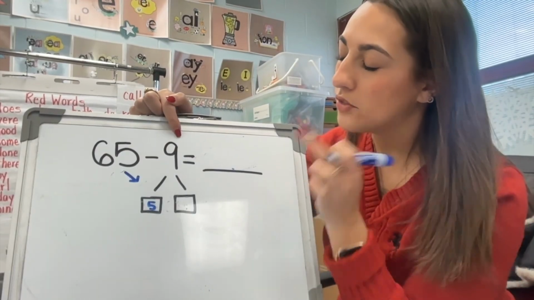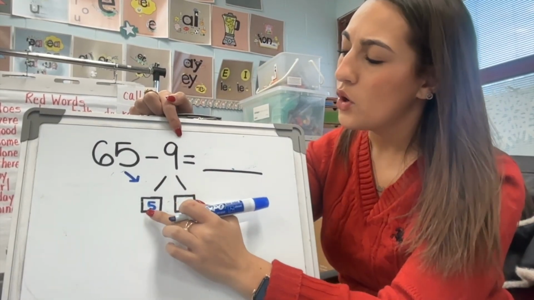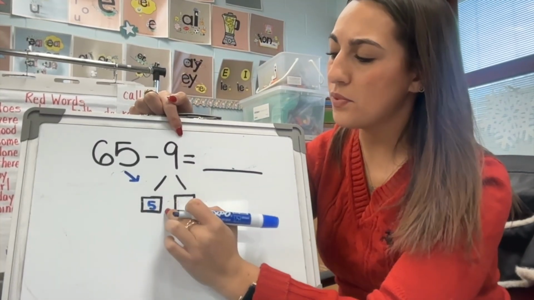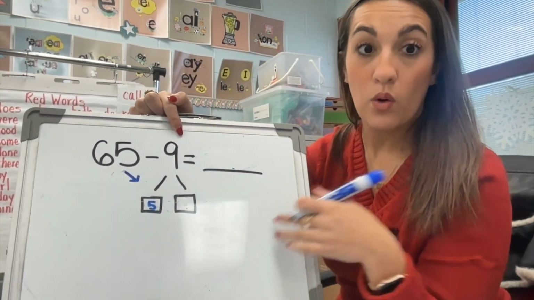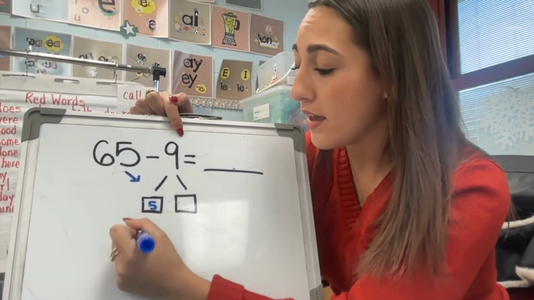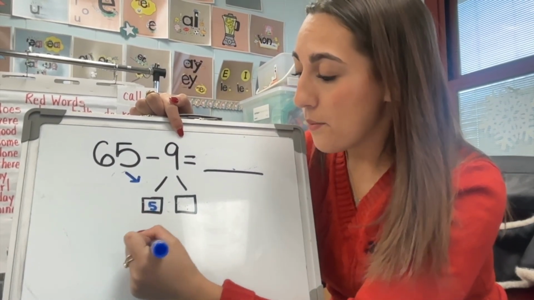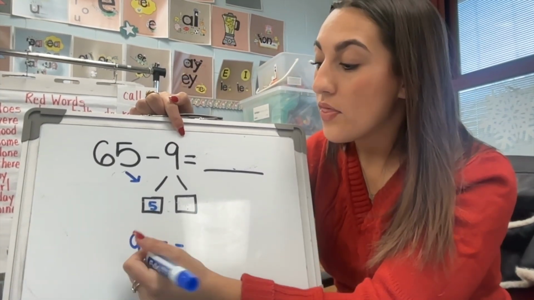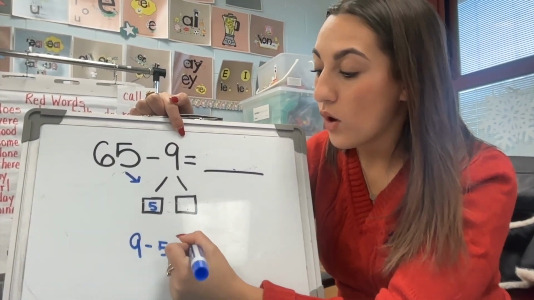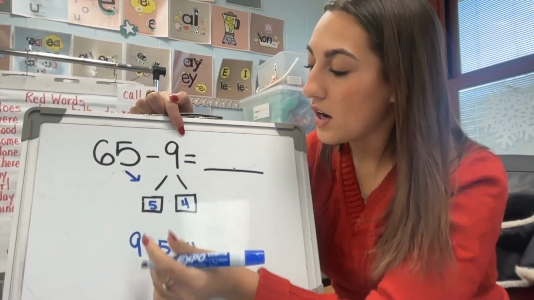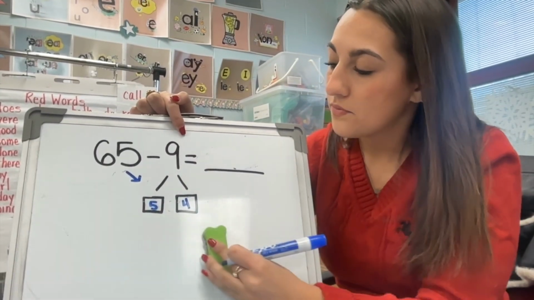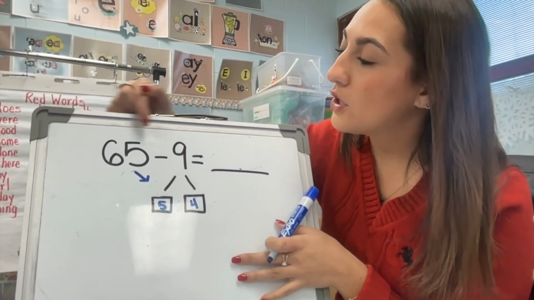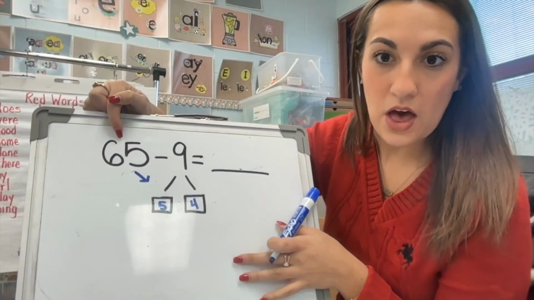I have to now look at my 5 and figure out what number can I put here to get 9. 5 plus what equals 9? Or you could subtract and say 9 minus 5 equals what? I know that 9 minus 5 is 4. So I'm going to put a 4 here because when I break apart my 9, I get a 5 and a 4.